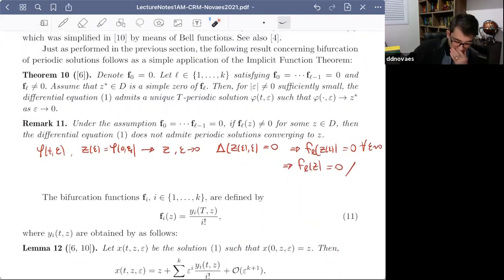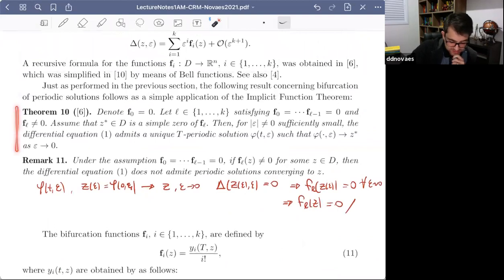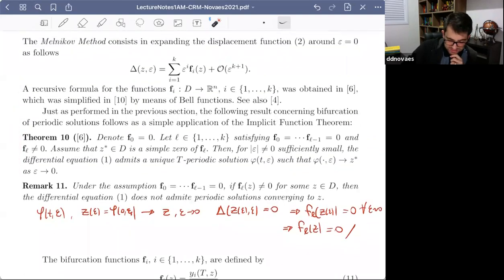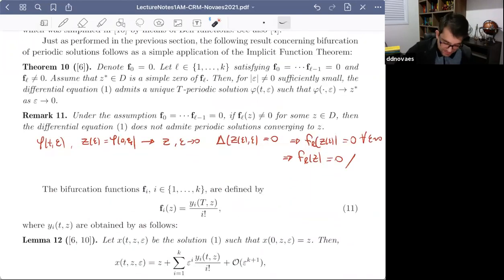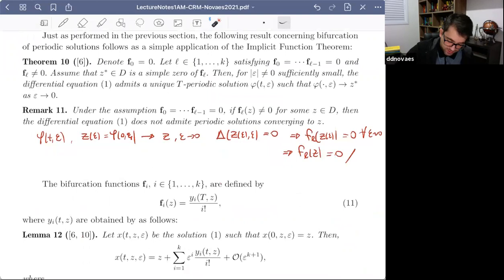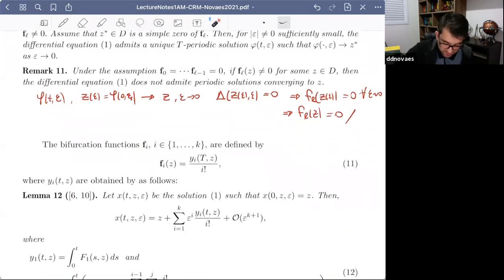Okay, so taking into account this theorem, we say that those functions fi are bifurcation functions because it's controlling the bifurcation of periodic solutions. Okay, and the formula for these bifurcation functions is given by the following result.